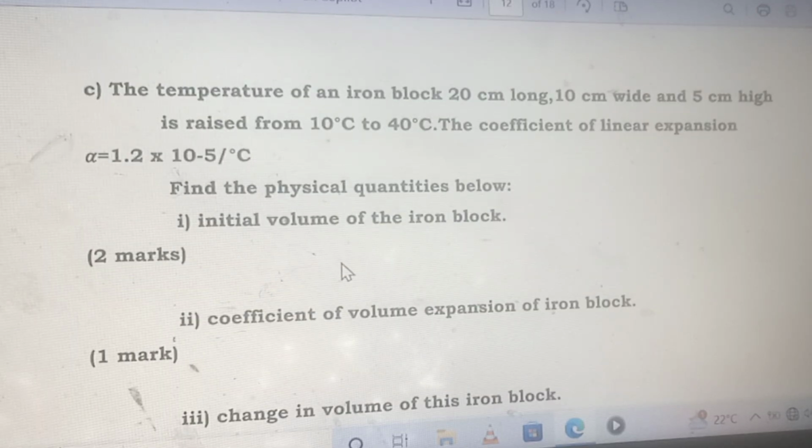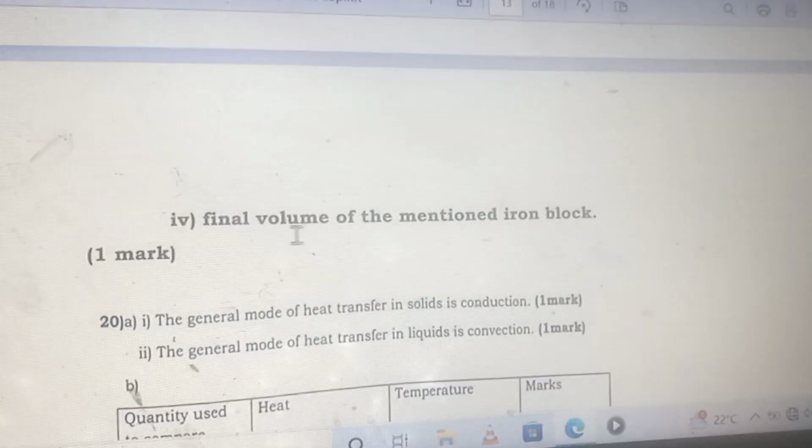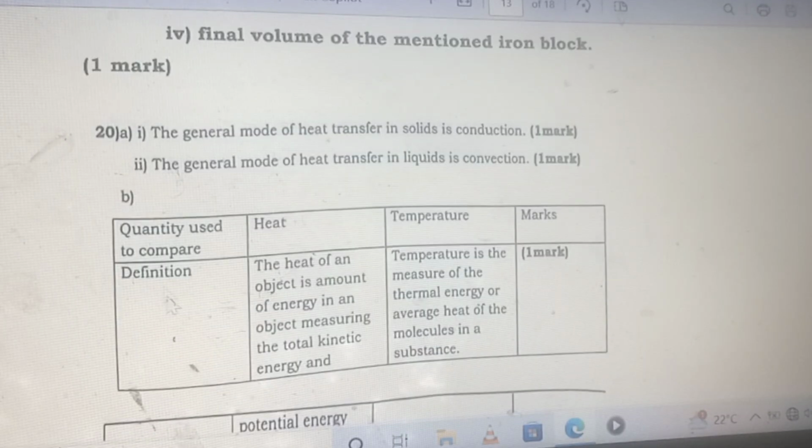I. Initial volume of the iron block. II. Coefficient of volume expansion of the iron block. III. Change in volume of this iron block. IV. Final volume of the mentioned iron block. This is the correction. I. The general mode of heat transfer in solids is conduction, the general mode of heat transfer in liquids is convection, and the general mode of heat transfer in a gas is radiation.